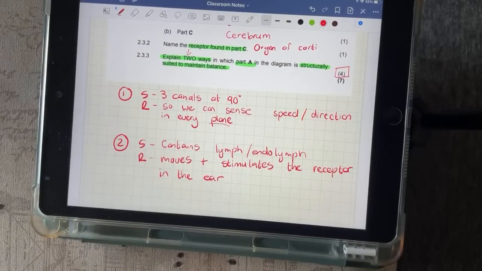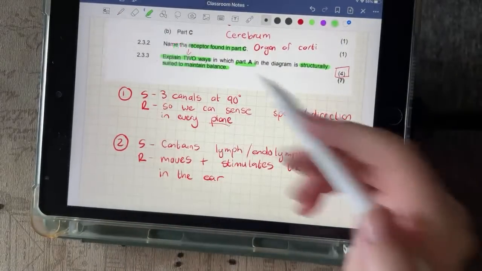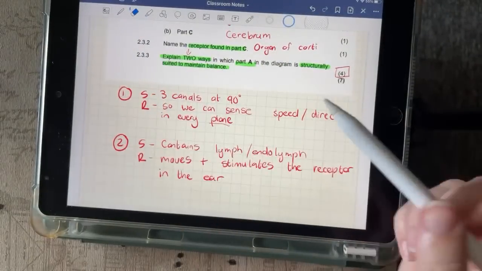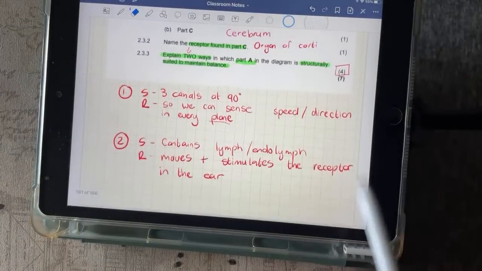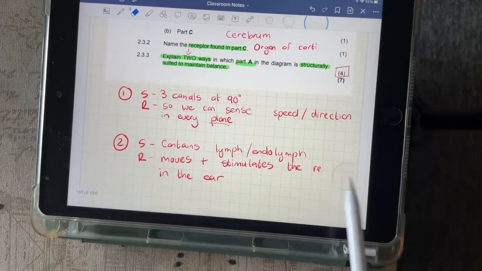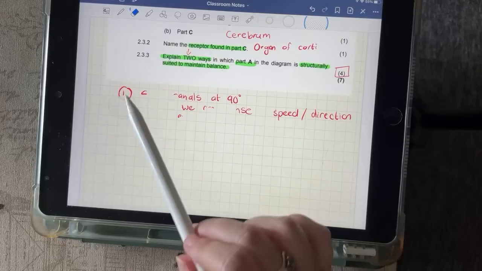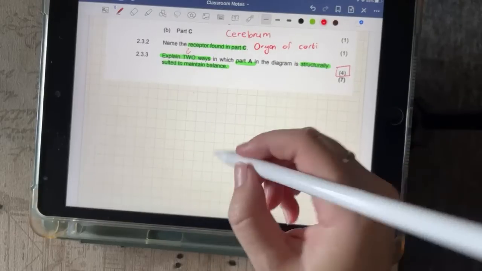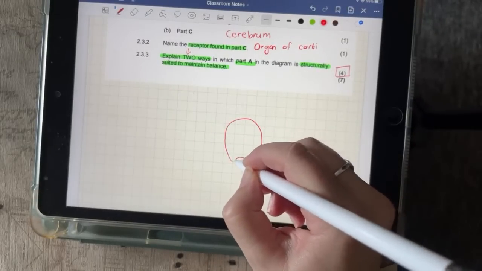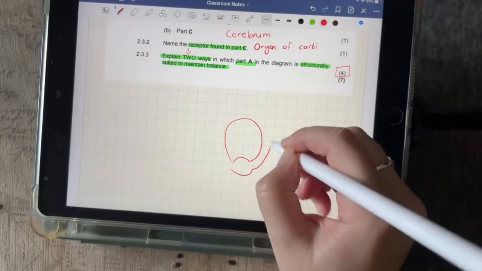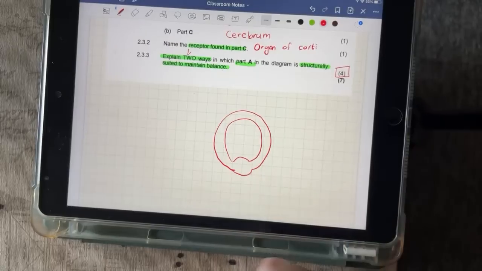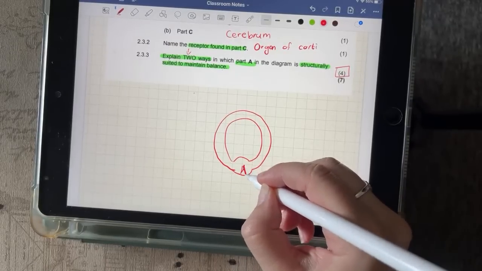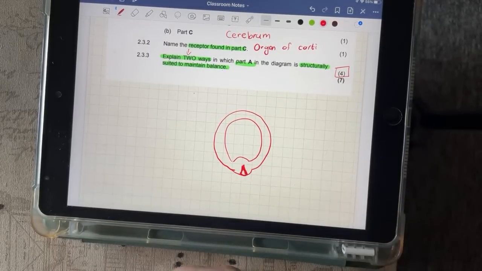Carla wants to know what lymph is. Lymph, everybody, if you are not so certain yourself, I'm just going to get rid of some of my answer so I can show Carla what it is. Here is the semicircular canal on the inside. Here is the cristae sitting at the bottom.